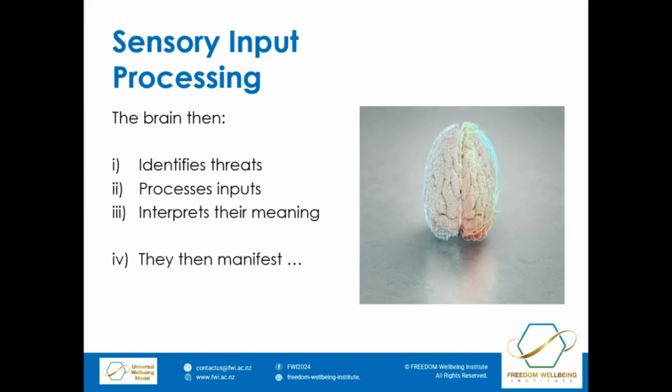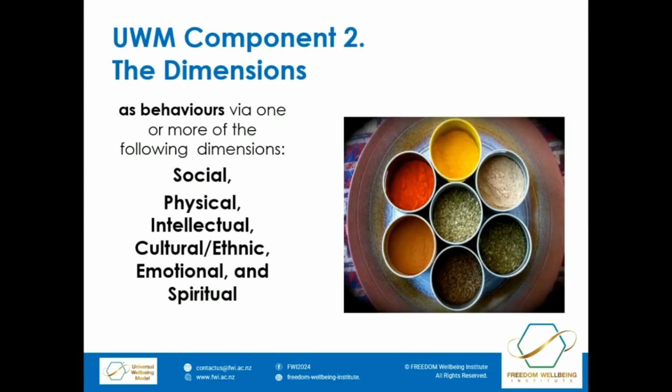Depending on how the brain interprets these inputs, it will take those interpretations and they'll be manifest as behaviours. Now, these behaviours could be social behaviours, physical behaviours, intellectual behaviours, cultural or ethnic, emotional or spiritual.